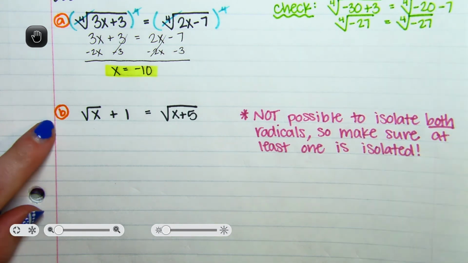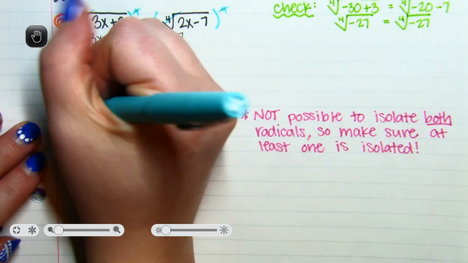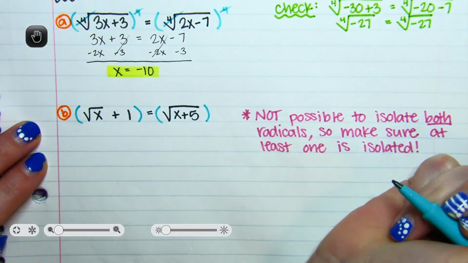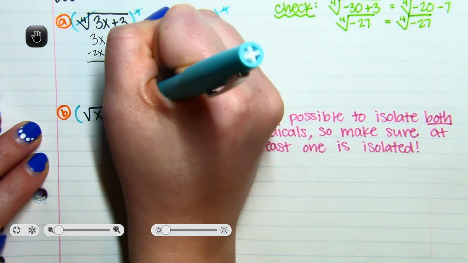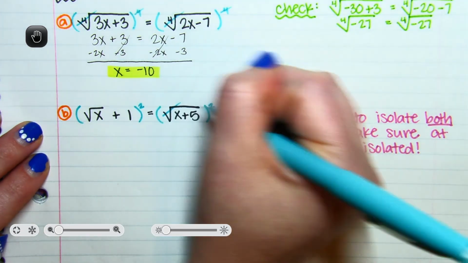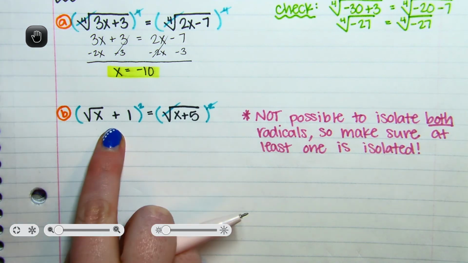All right, so right now, one of them is. The one on the right side is isolated. So what I'm going to do is raise both sides of this equation, because we have to do the same thing to the left and the right. Raise both sides to the second power. Now with the right side, that's going to cancel out my radical. But the left side, not quite.